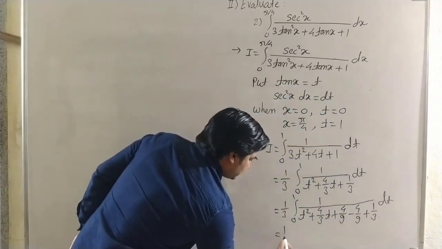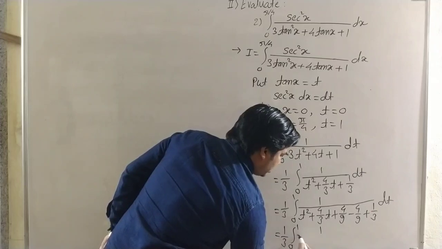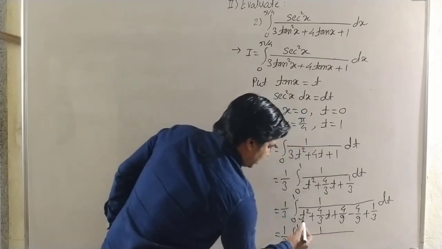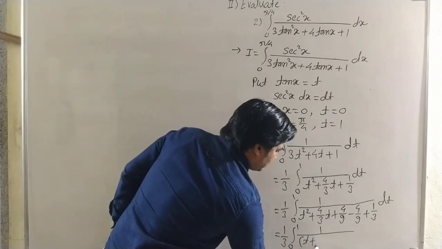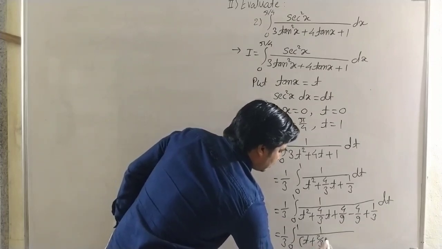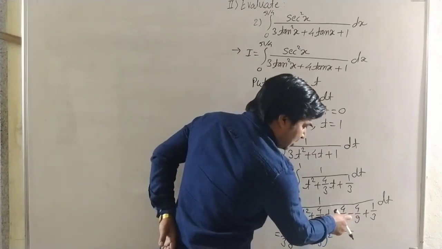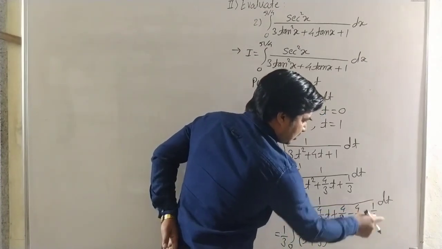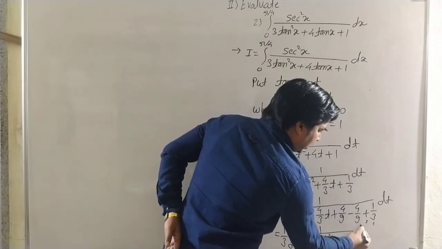Now it is 1 by 3 integral 0 to 1 of 1 upon, see carefully the calculation, t plus 2 by 3 square, minus 4 by 9 plus 1 by 3. There is a common 3, and remaining 1 and remaining 3.